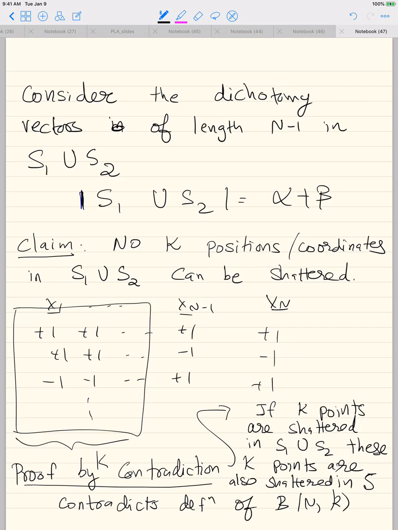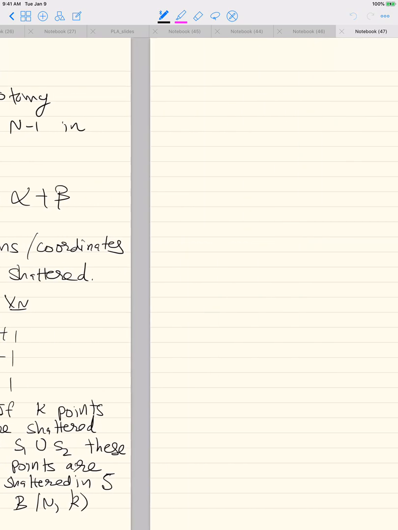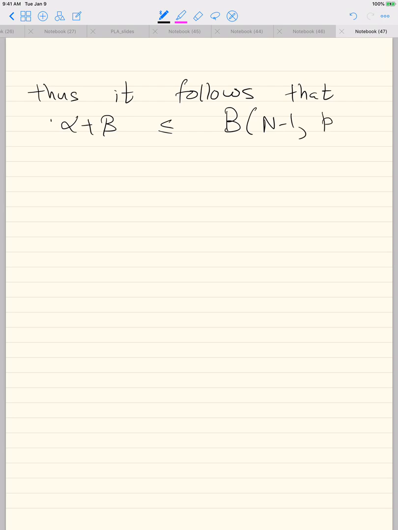As a result of this, we can immediately say this is less than b of n minus 1 comma k.